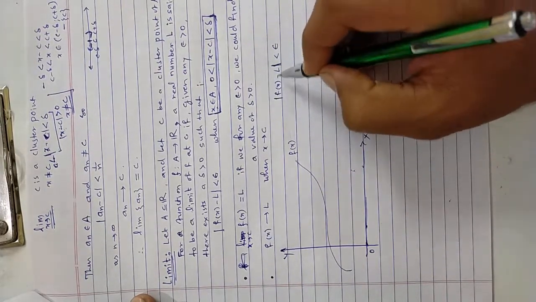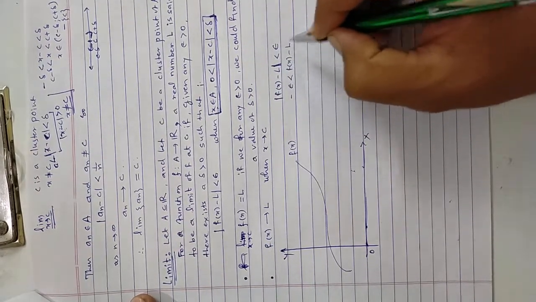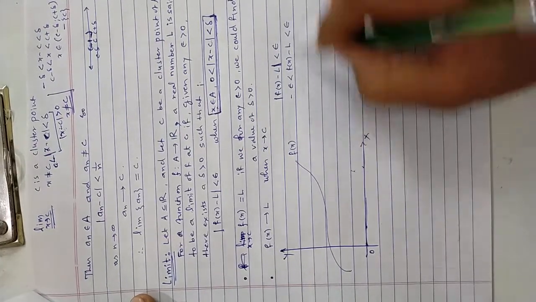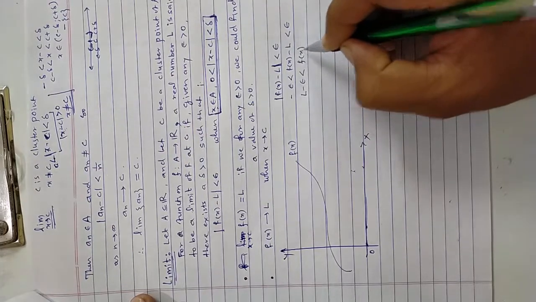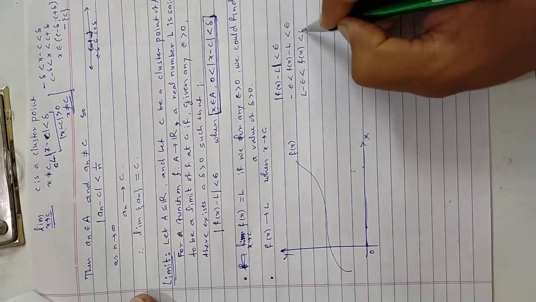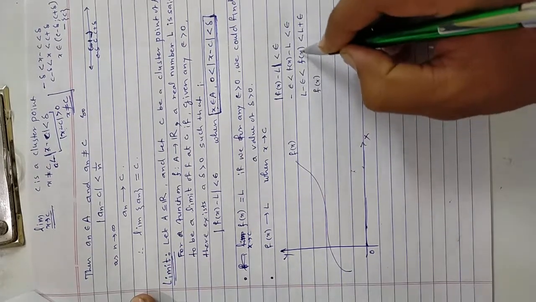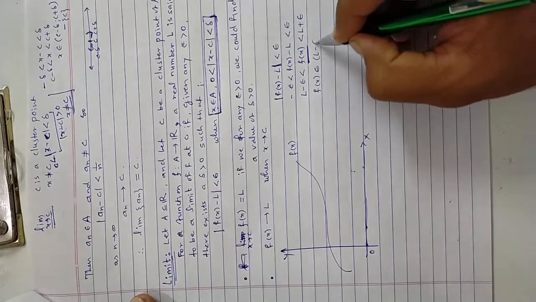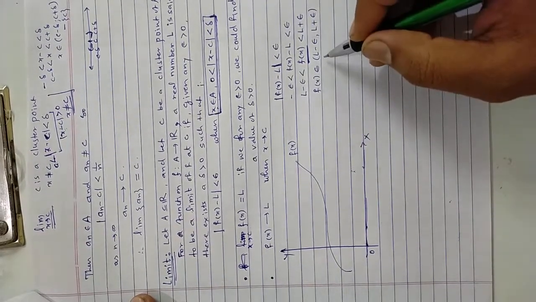It says minus epsilon less than fx minus L less than epsilon. Adding L throughout this inequality, it is L minus epsilon less than fx less than L plus epsilon. So it says that all the values of function fx lie between L minus epsilon and L plus epsilon.